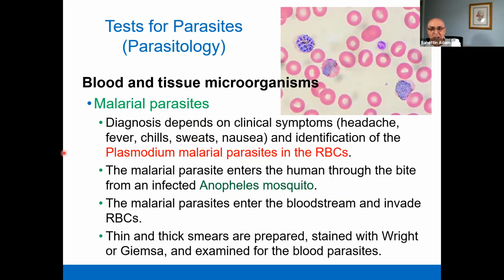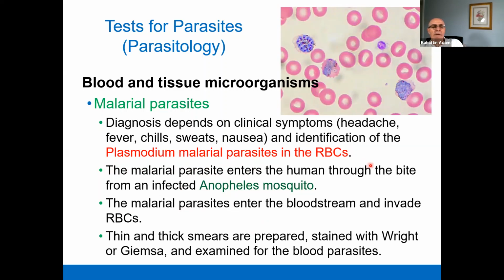Okay, malaria, maybe the most common disease in Africa, but you may also see it in the US, and Plasmodium malaria is the cause of the malarial disease. It is placed in the red blood cells.